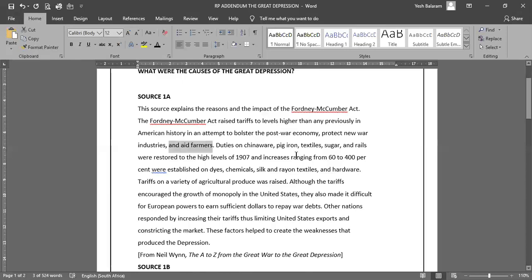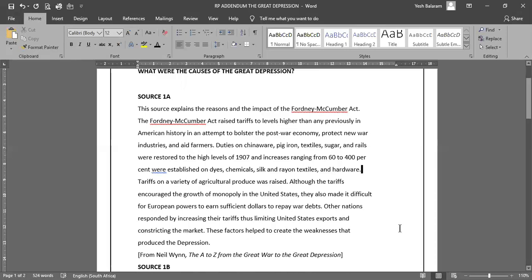Pig iron, that refers to iron that has not as yet been processed. Textiles, that's related to your fabric industry. Sugar and rails were restored to the high levels of 1907, and increases ranging from 60 to 400% were established on dyes, chemicals, silk and rayon textiles, and hardware.